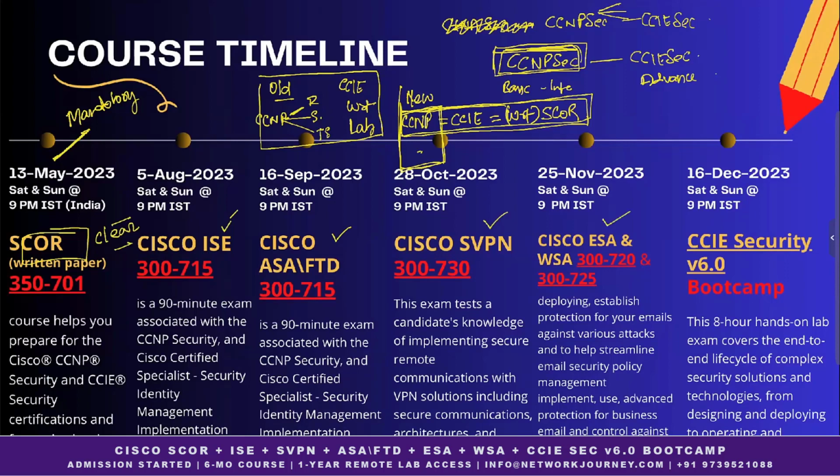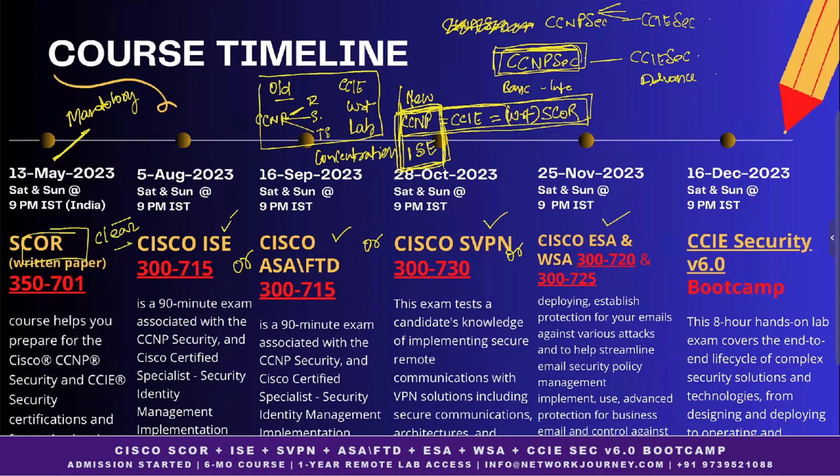I say or, not and. That means only one paper is needed. Say, for example, you prefer going with Cisco ISE. Now you become a complete CCNP person. You have the CCNP core paper plus one concentration paper. Okay, now you are CCNP.